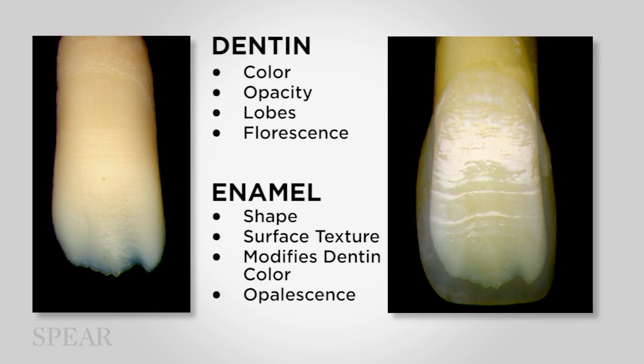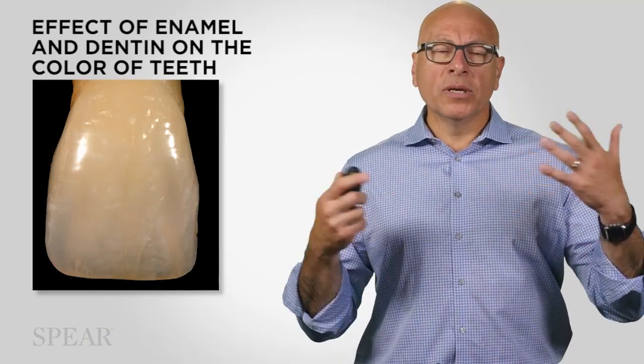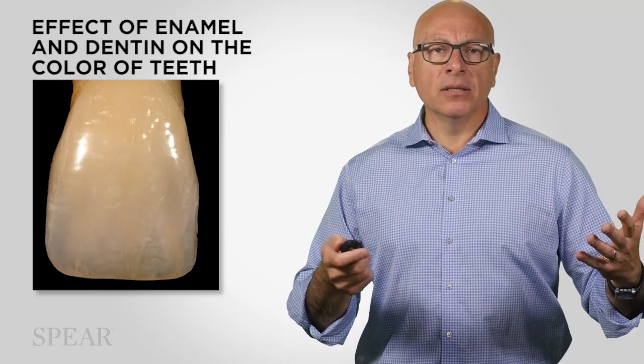Enamel is opalescent. Dentin is fluorescent, enamel is opalescent. And the enamel gives us that halo, that white line in the incisal edge that extends also proximally, that makes some teeth really pop to life. I really love that halo in a lot of patients. Sometimes it's difficult to do, but we'll see how we can do that in later sessions. Right? So we will keep talking about the effect of enamel and dentin in the color of teeth.